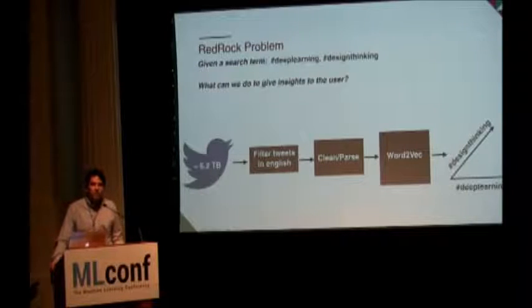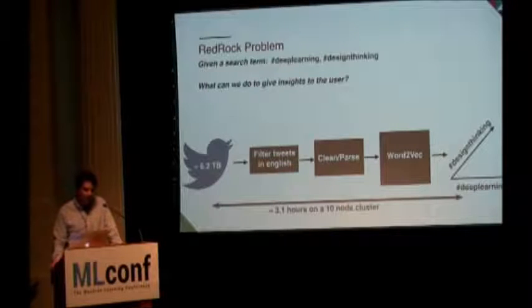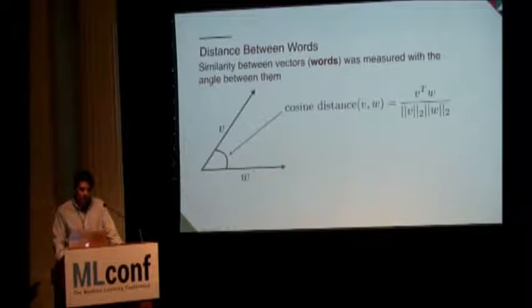The output of this model is a vector associated with each word in the dictionary. So we have a vector associated with design thinking, another vector associated with deep learning. This whole thing took 3 hours to run on a 10-node cluster.